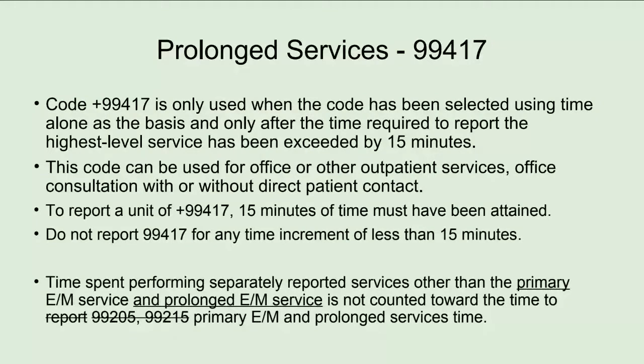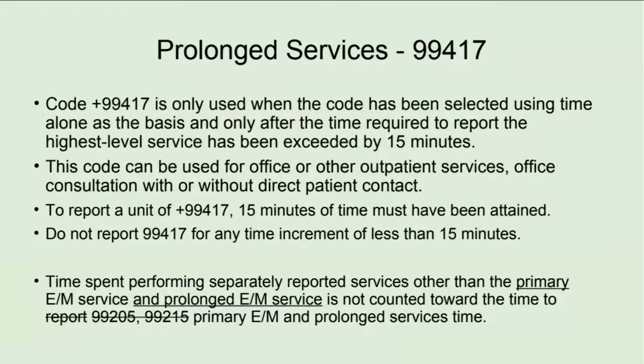So 99205 is 75 minutes. You add the 15 minutes prolonged services, 90 minutes. Okay. And note that if other services are provided, the time for doing those other services doesn't count towards 99417. You must have 15 minutes, and don't report it if there's any time less than 15 minutes.